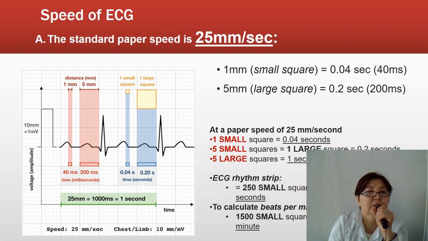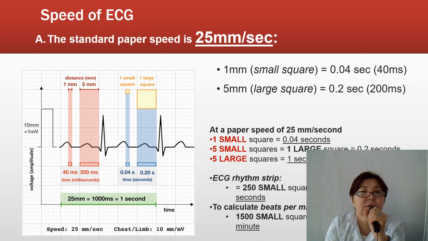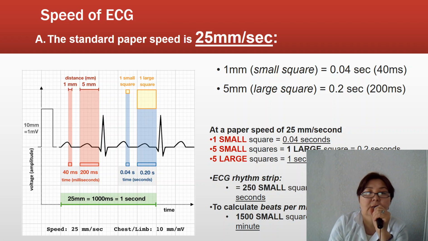Speed of ECG. There are two standard paper speeds: 25 millimeter per second and 50 millimeter per second. 25 millimeter per second is the standard paper speed.